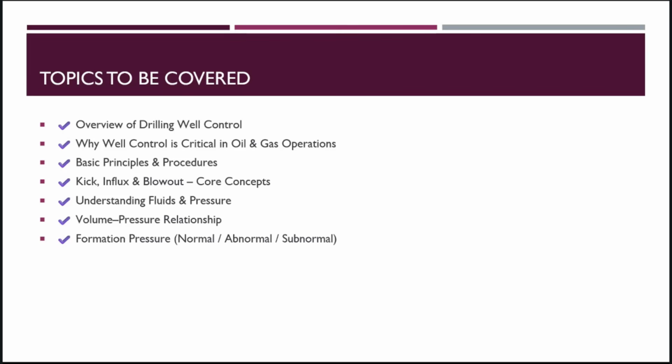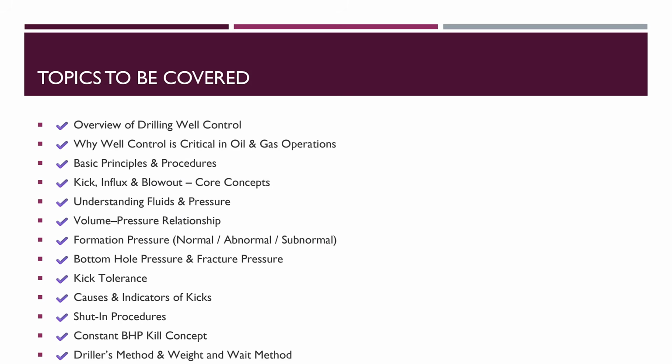Then we will see something about formation, what types of formation pressure we have. It can be categorized as normal, abnormal and subnormal. Then we will talk about bottom hole pressure and how that affects the fracture pressure of the formation.